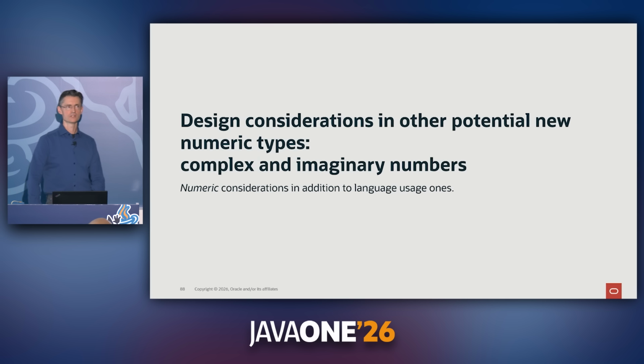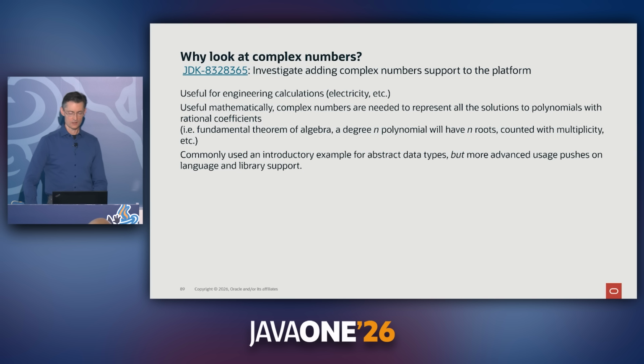There are also design considerations, including numeric considerations, for a type like complex. Complex numbers are an interesting case. We have some bug open to look at them. They're useful in engineering calculations. They're also actually very fundamental to mathematics.